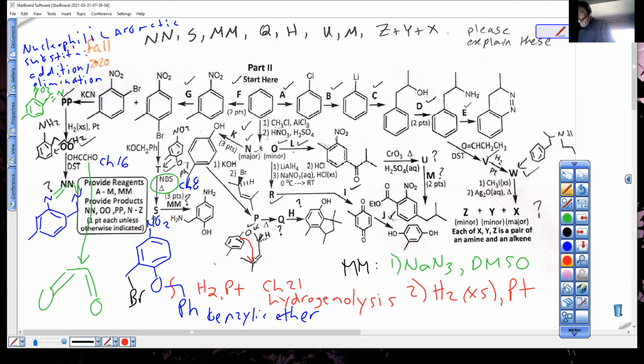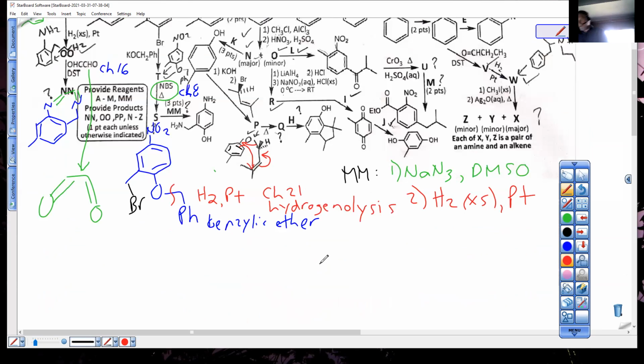There, you hit that, and this resonates up here, and then this becomes a pi in here. And you get a carbonyl intermediate, which will sneak underneath here. And it's the intermediate. It's not molecule Q yet.